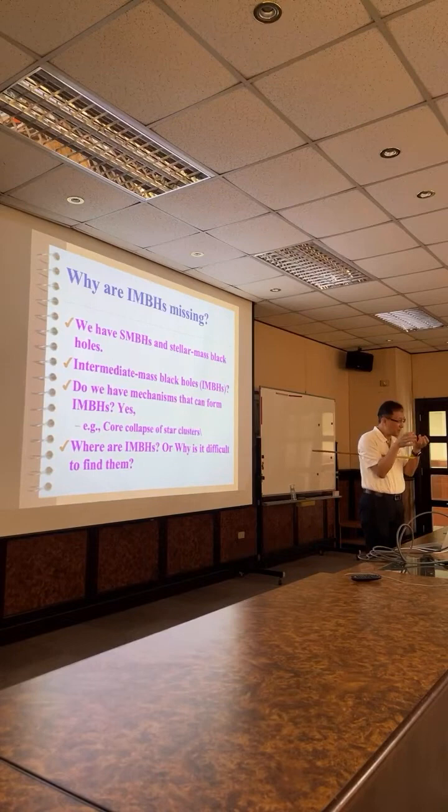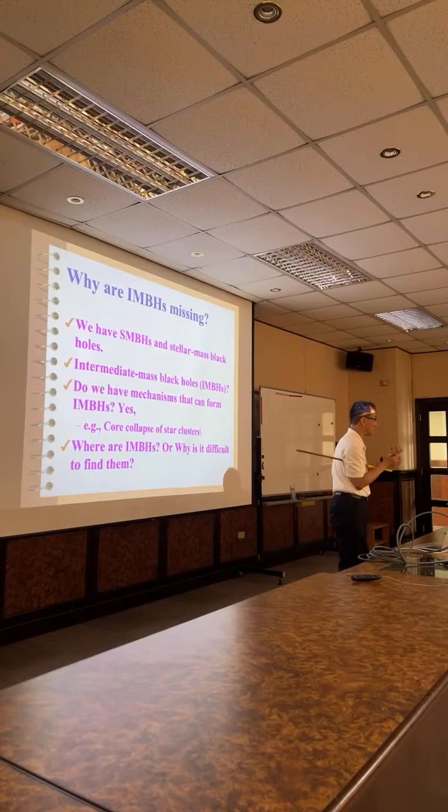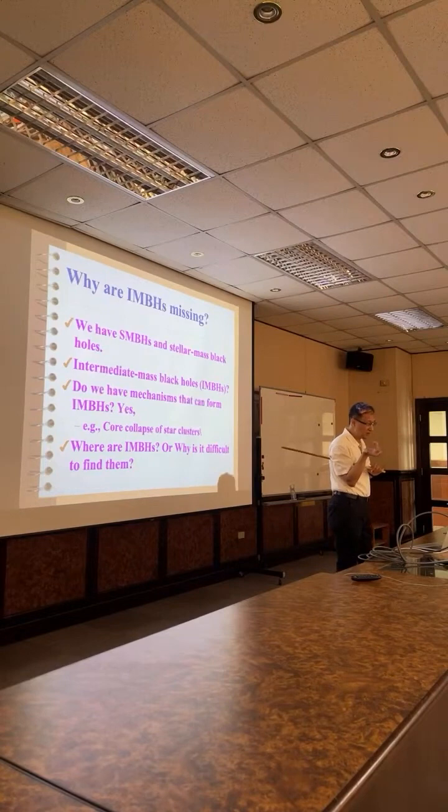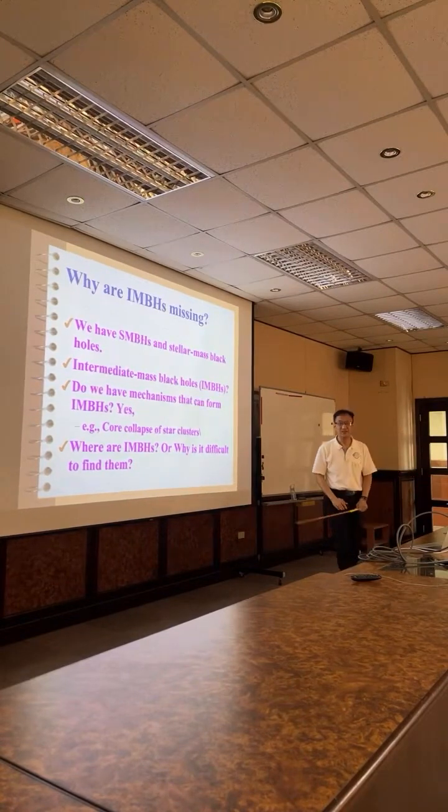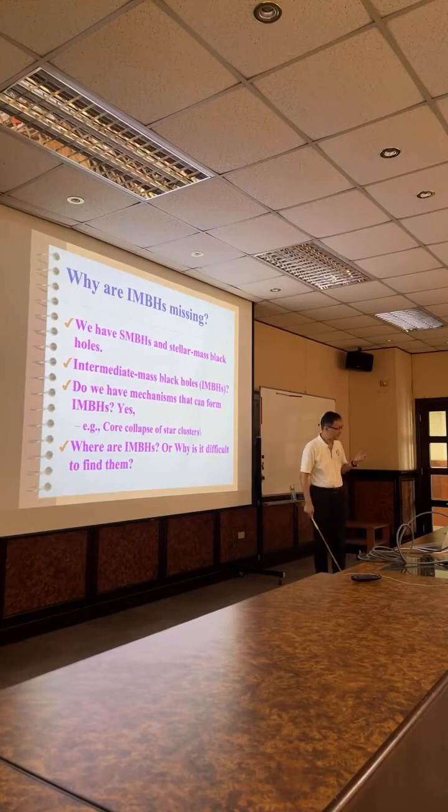So the center will become cold collapse, and if we have something like 10 to the 5th or 10 to the 6th, we should result in a central black hole, like 10 to the 3 or something. So we should have some intermediate mass black holes. There are many different methods by which we can have them.